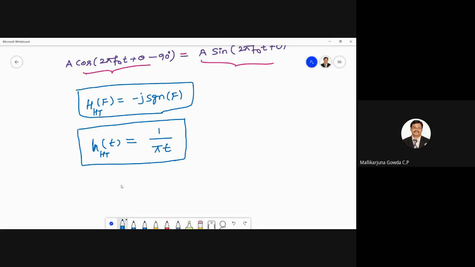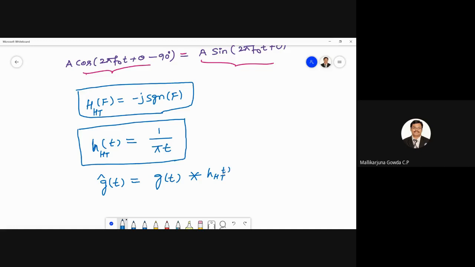So in a nutshell, g hat of t is the Hilbert transform of the signal g of t, which is equal to g of t, the input signal, convolved with the impulse response of the Hilbert transform, which I denoted as h_HT of t in time domain.